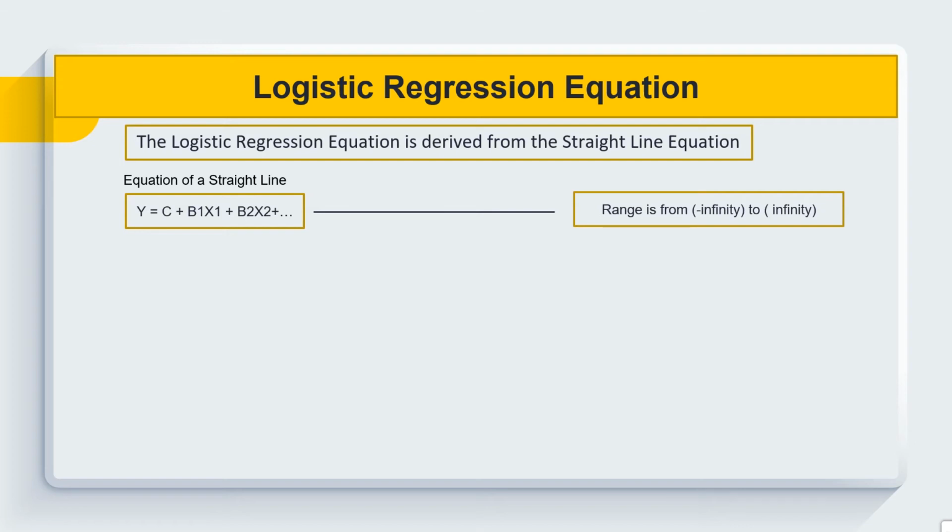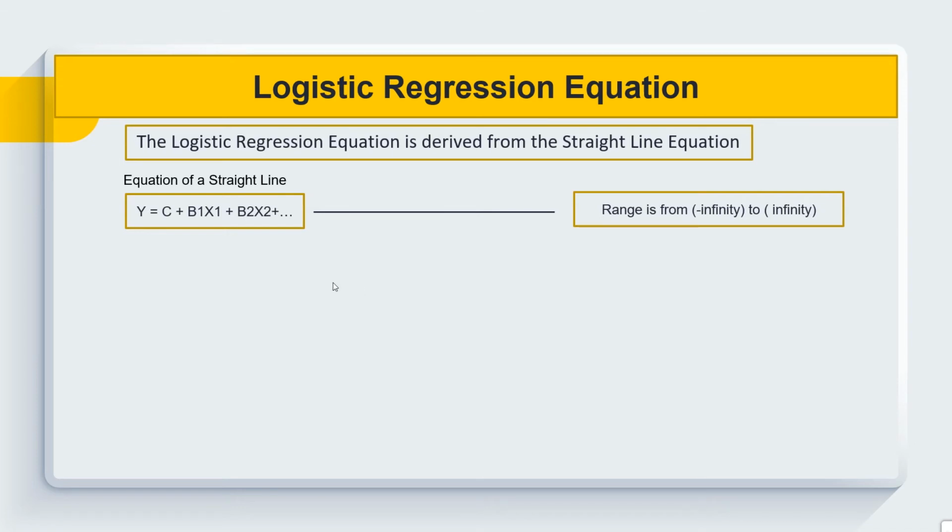Now let's put in b and x. So here the equation becomes y = b1x1 + b2x2 + b3x3 and so on till bnxn + c. So guys, the equation of the straight line has a range from minus infinity to infinity.